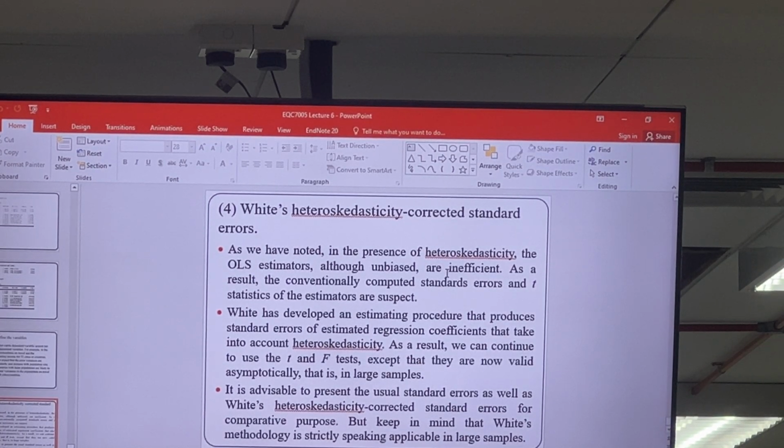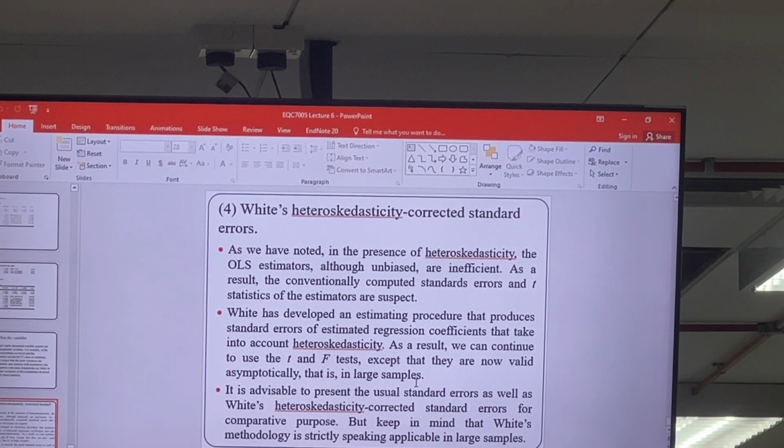So if you want to use this approach as a remedial measure, you have to make sure you have a large sample size. Normally large sample size refers to observations greater than 30, but you should aim to have larger.